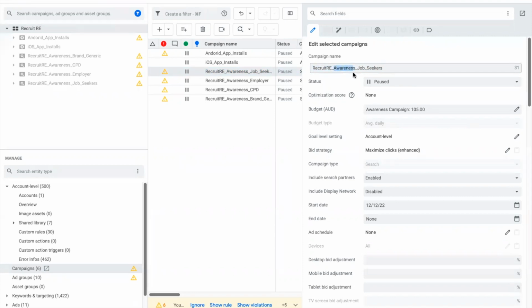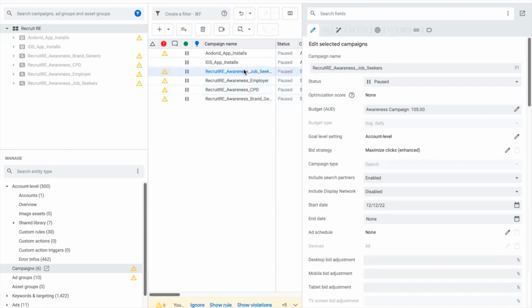When we say awareness campaign, basically it is a branding campaign. I'll tell you what a branding campaign is. Within branding campaigns also there are multiple types, like a branding campaign for job seekers. Now this is specific to this client, but overall the structure is similar for other clients as well.